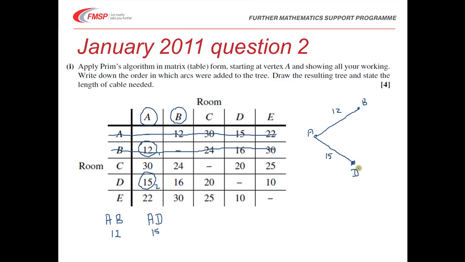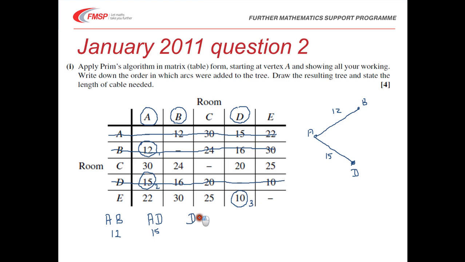So we have 5 nodes, so hopefully you remember that means you need 4 arcs, so we need 2 more. So we now have B cancelled out. Where did we get to? We got to D, so I'll circle D and cross out D. Now we can look down A, B and D, and we'll see that the shortest one now is definitely DE.